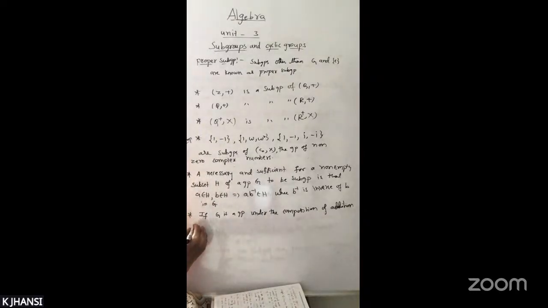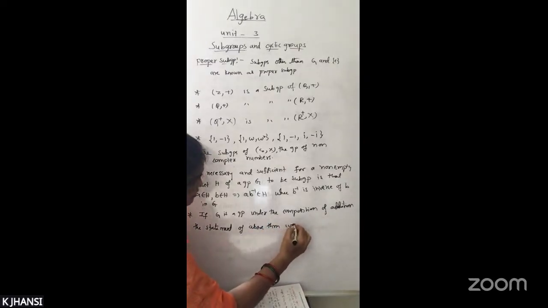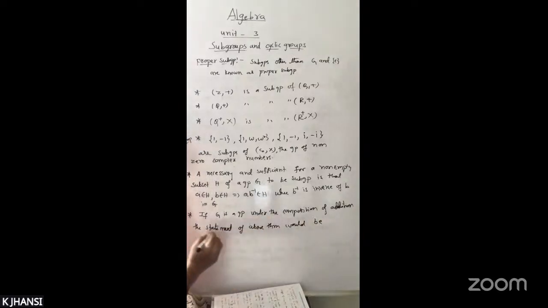The statement of the above theorem would be A belongs to H, B belongs to H implies A minus B belongs to H. Okay. This is one more statement for a subgroup we have. If G is a group under the composition of addition, the statement of the above theorem would be A belongs to H, B belongs to H implies A minus B belongs to H.